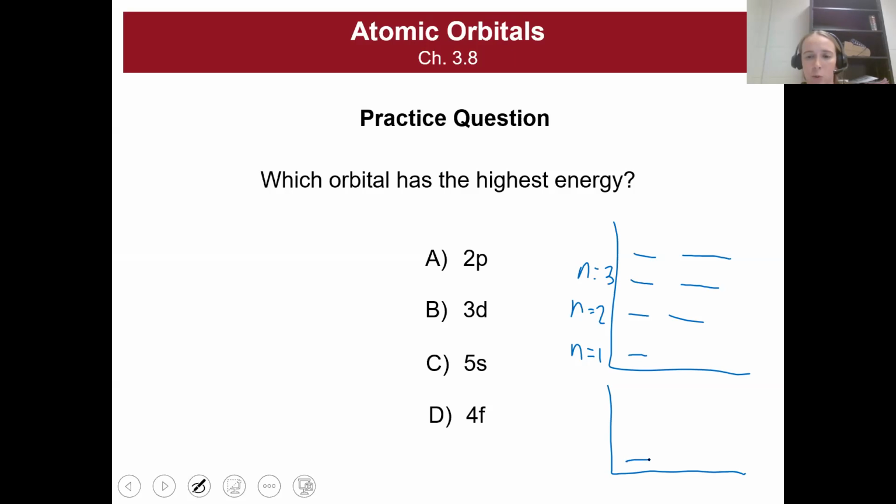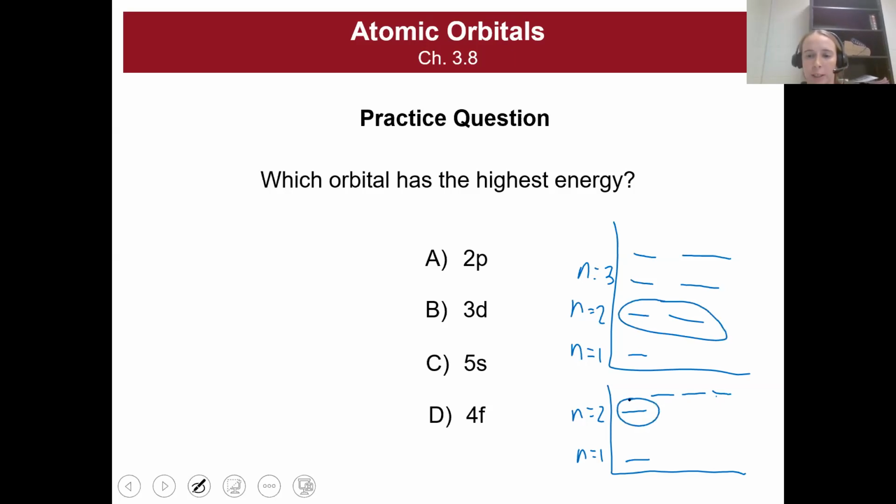So n equals 1 could be here, and then this 2s orbital is here, but the 2p orbital could be even higher.